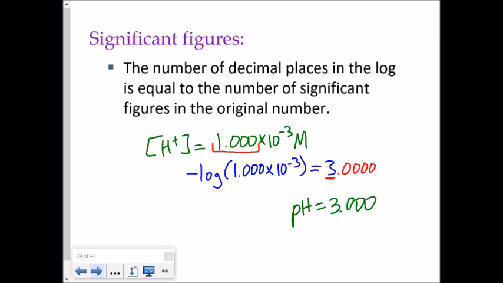Does everybody know how to reverse the negative log equation? Does everybody know how to go backwards on that one? So hydrogen concentration equals 10 to the negative pH. Remember that equation? Yeah. So that's how you would plug it in.